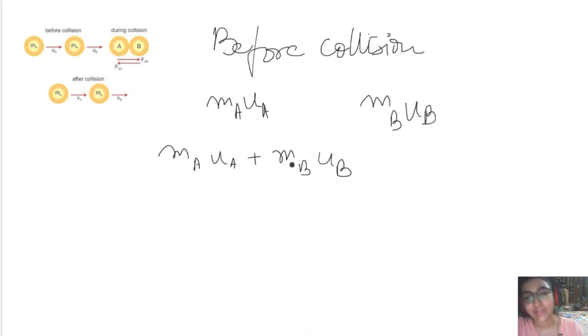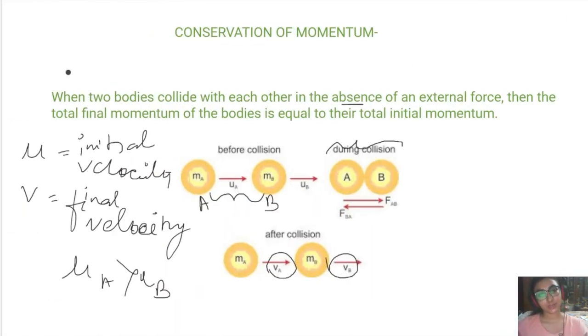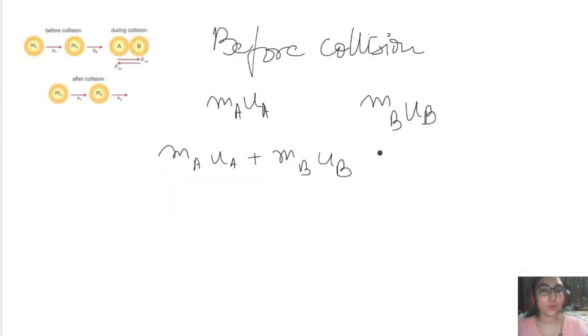Now, why are we writing it as a system? I'll tell you. Because in the conservation of momentum that we saw on the previous slide, when two bodies collide with each other in the absence of an external force, the total final momentum of the body is equal to the total initial momentum. So, as soon as they collide, they become one body. Even if it is for seconds, they become one single body.